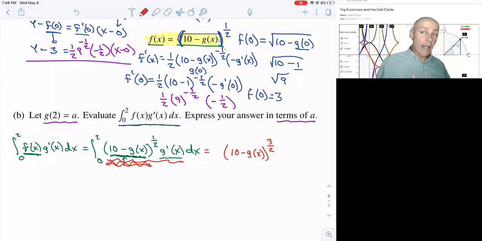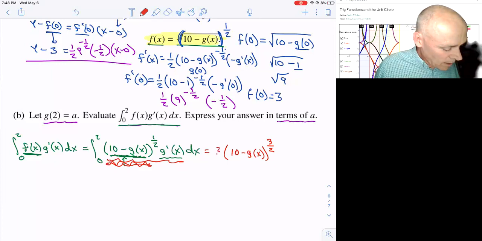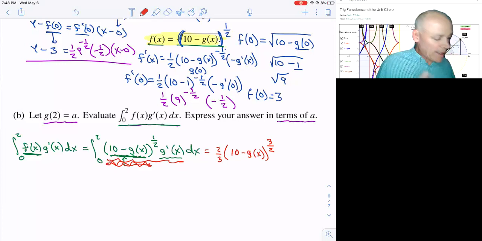Dividing by 3/2 is the same as multiplying by 2/3, right? So there's my 2/3. And then that missing negative sign: I took the derivative of the inside function, and it should be negative g prime of x. I don't have the negative, so I've got to add that out front.